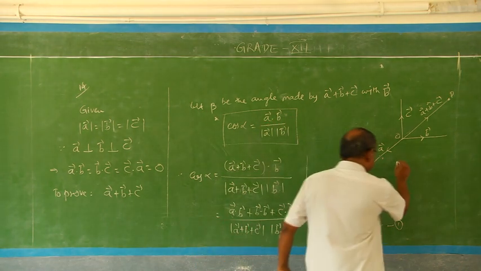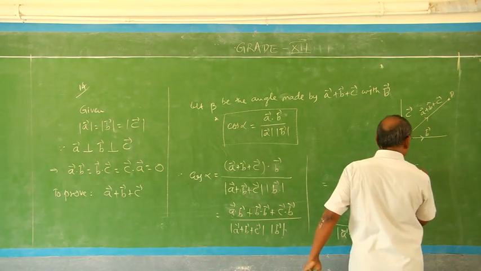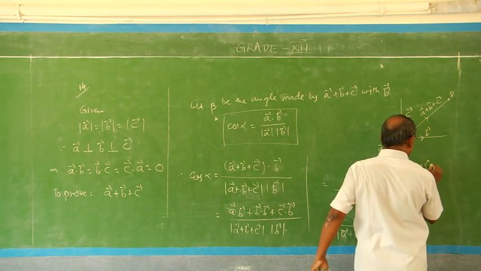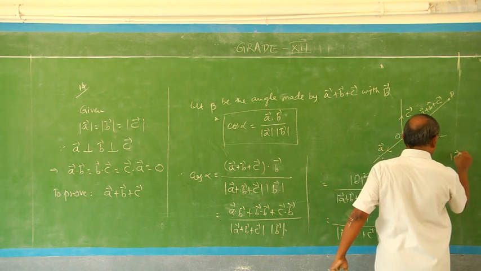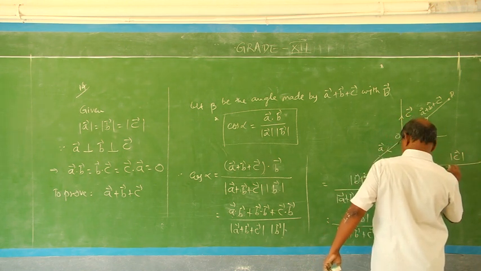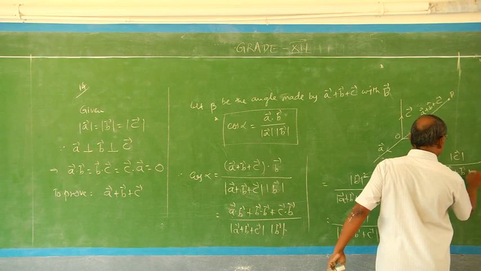Similarly, cos gamma equals modulus of c divided by modulus of a + b + c.